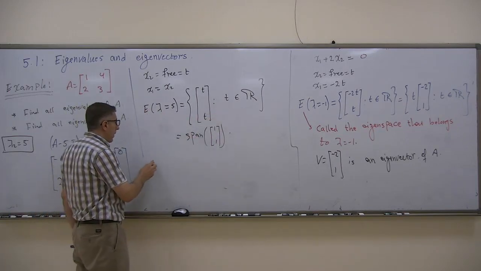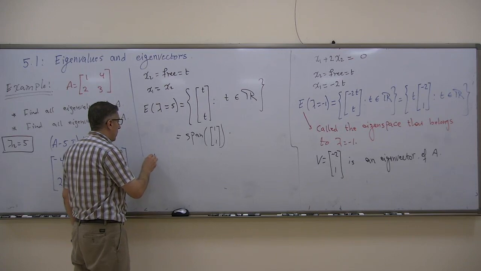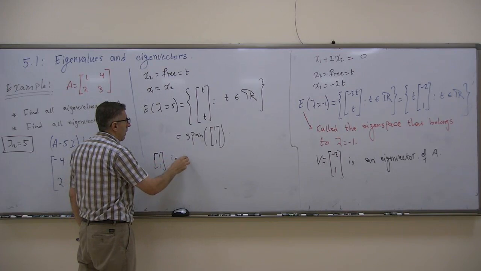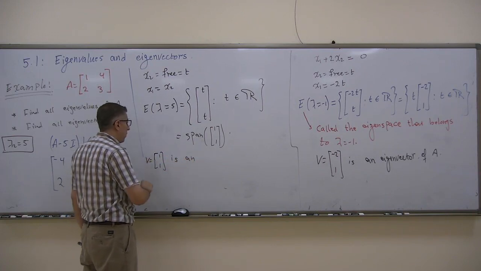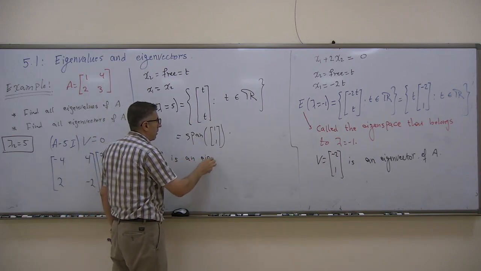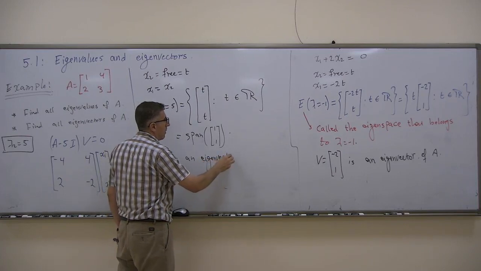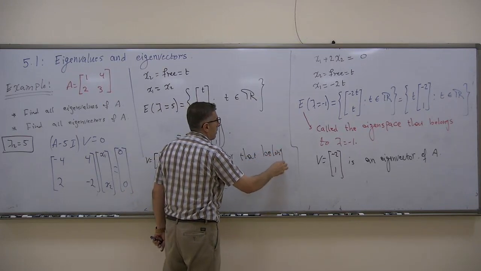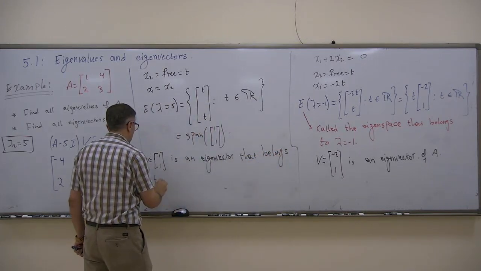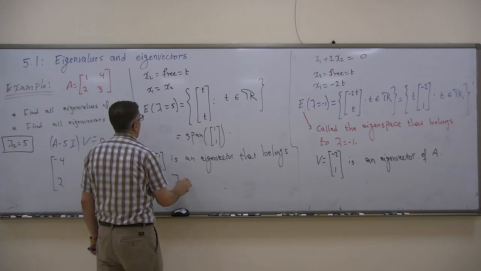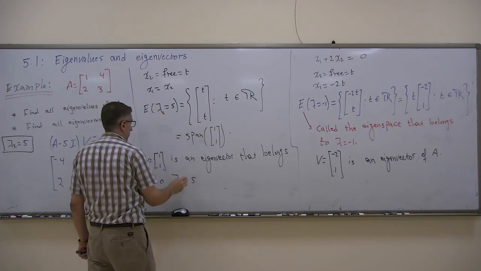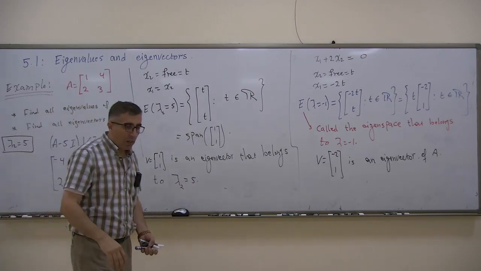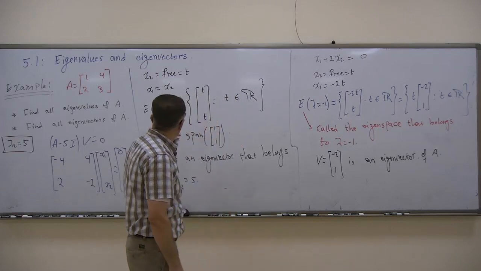So now we can say V equals 1, 1 is an eigenvector that belongs to lambda equals 5. So here we found all eigenvalues and all eigenvectors of this matrix A.